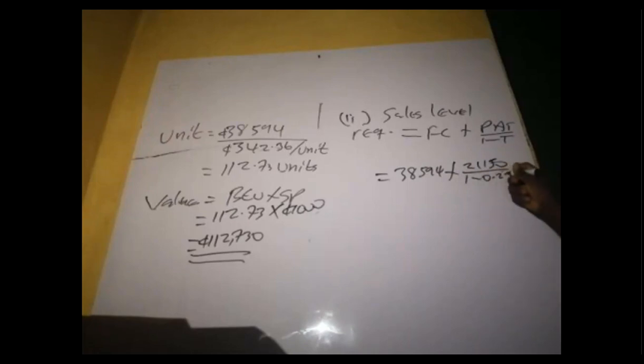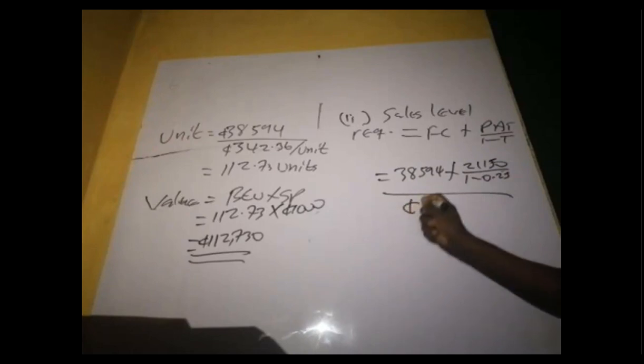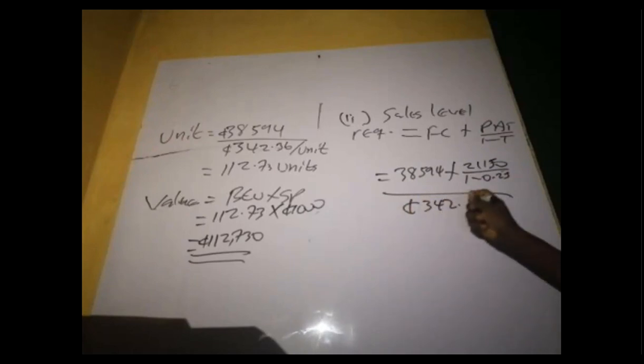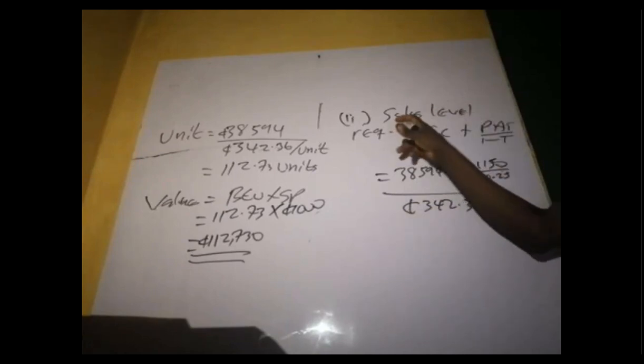All this is divided by the contribution per unit, which is 342.36 cedis per unit. So this is for the sales level in units.